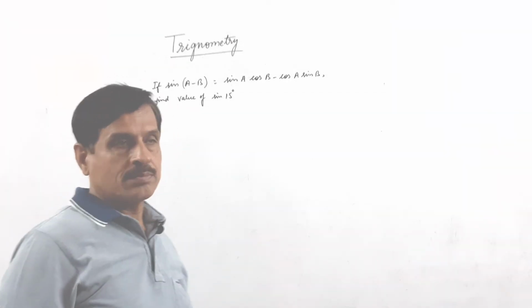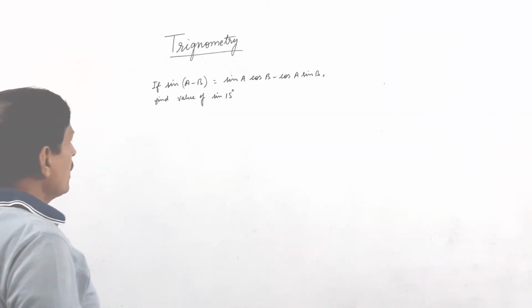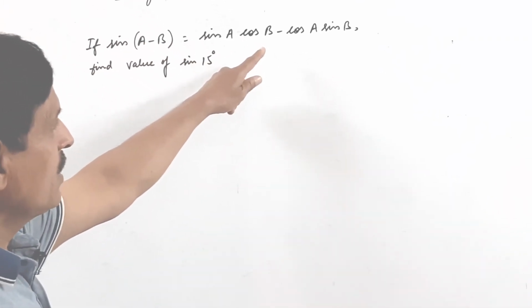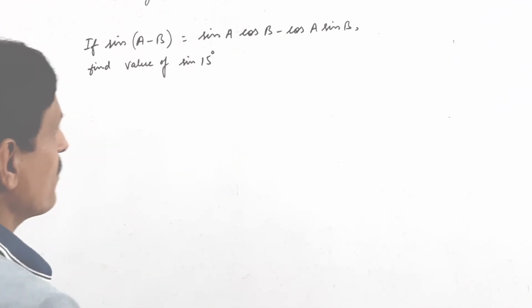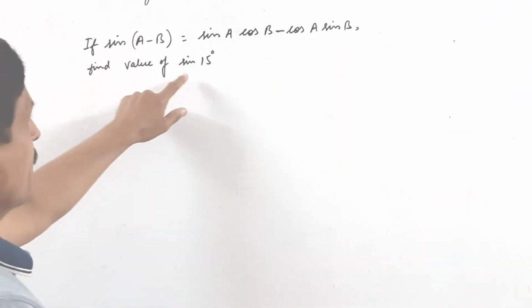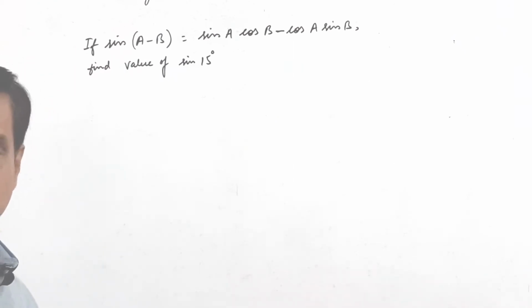In the next sum, a relation is given: sin(A − B) is equal to sin A cos B − cos A sin B. Then find the value of sin 15 degree.